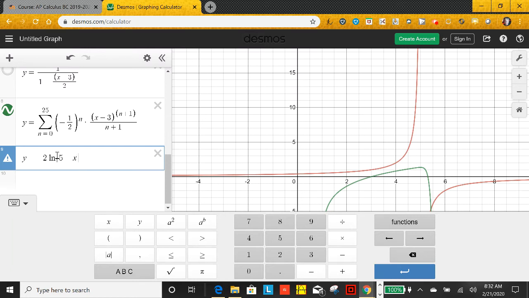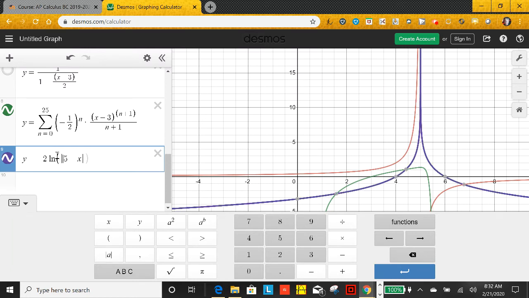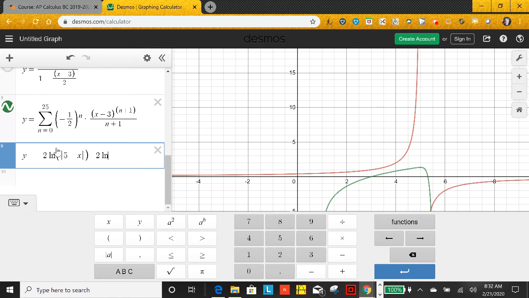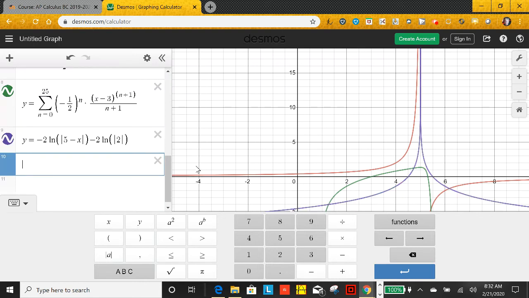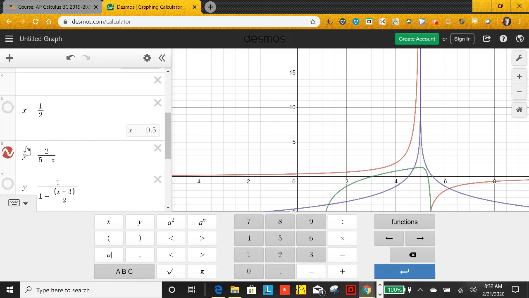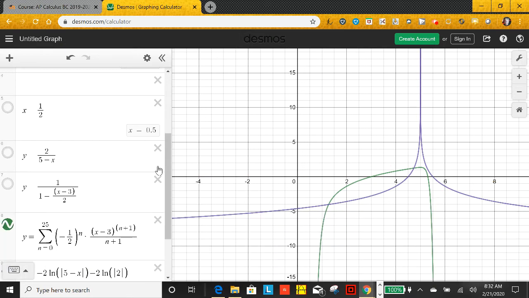And I have to have parentheses here again, or Desmos will be angry. Minus 2 natural log, absolute value of t. Where's that red function coming from? That's my original, I don't want that one.